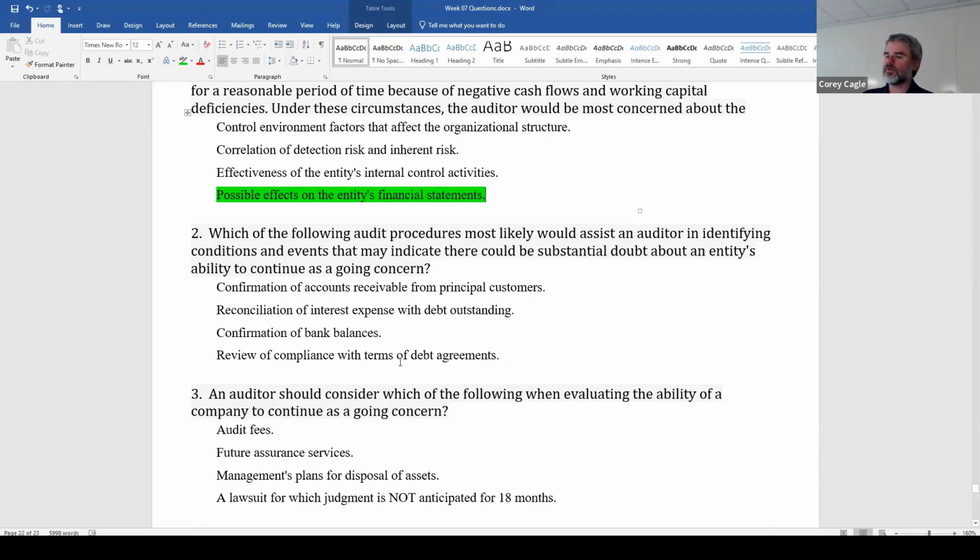No. Reviewing whether they can comply with the terms of their debt agreements? Obviously, that would be a big signal on how well off they are, right? If they can't comply with the terms of the debt agreements, that's going to give us an idea that they're in trouble, right? So we start looking at their debt payments and see if they're in accordance with what is expected. So pretty easy. I think those were the main 2 I wanted to look at.